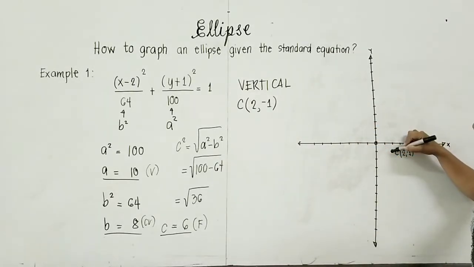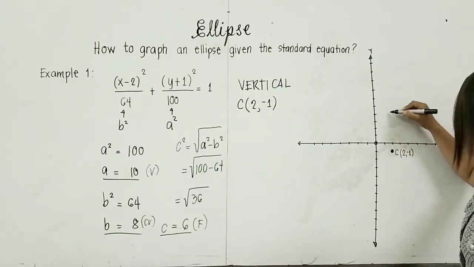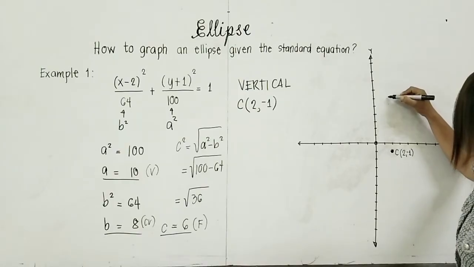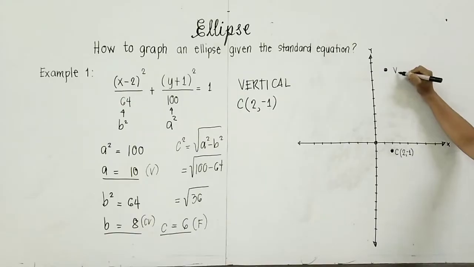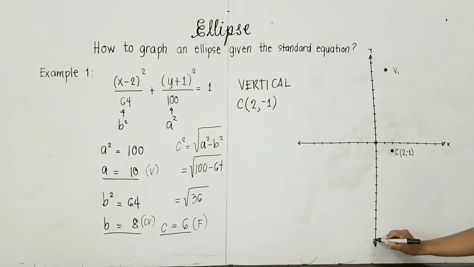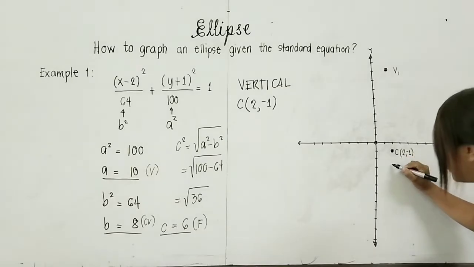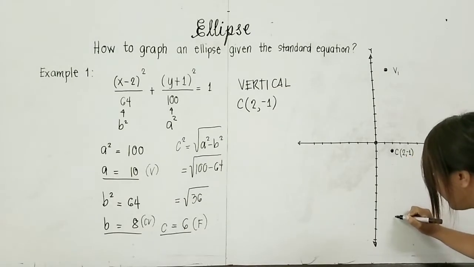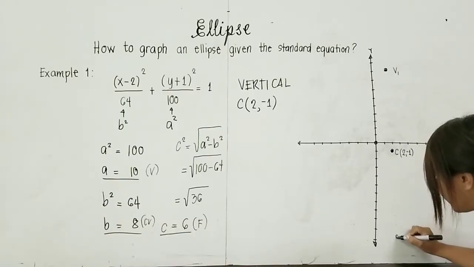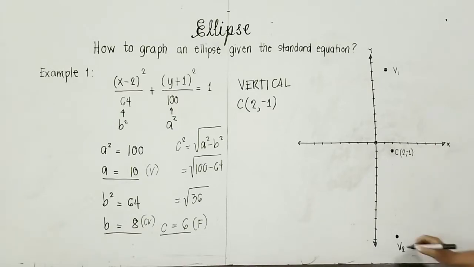From our center, count 10 upward: 1, 2, 3, 4, 5, 6, 7, 8, 9, and 10. Vertex 1. Again from the center, 10 units downward: 1, 2, 3, 4, 5, 6, 7, 8, 9, and 10. So we have here our vertex 2.